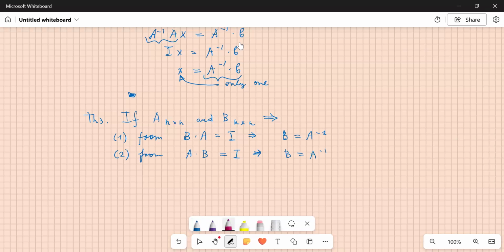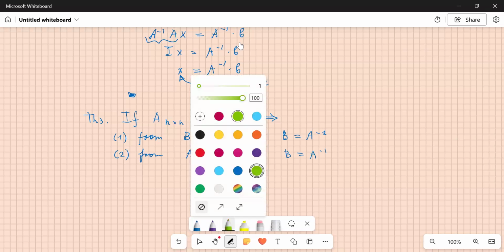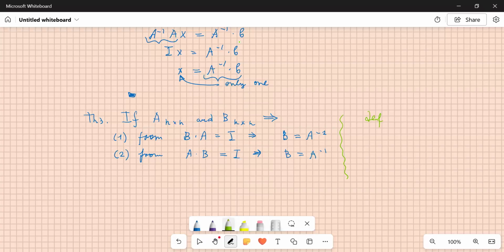Not very clear, right? Why do we need to prove this theorem about the inverse? I'm going to put over here the definition of inverse so you can see what we are trying to prove. What is the definition of inverse? B is A inverse if BA equals AB equals identity, right?